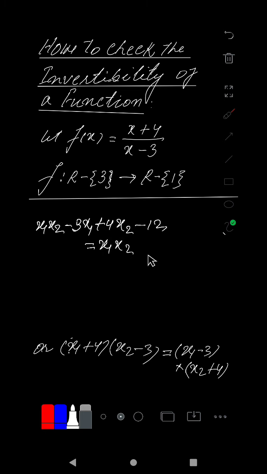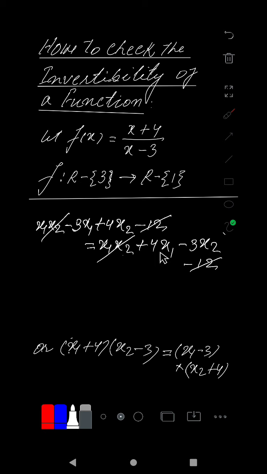Then x1 into 4, 4x1, then minus 3 into x2, minus 3x2, and minus 3 into 4, minus 12. So obviously minus 12 from the left hand side will cancel minus 12 from the right hand side, and x1 x2 from the left hand side will cancel x1 x2 from the right hand side.